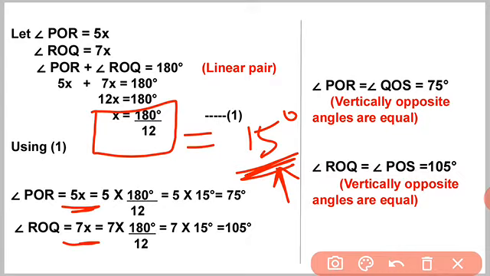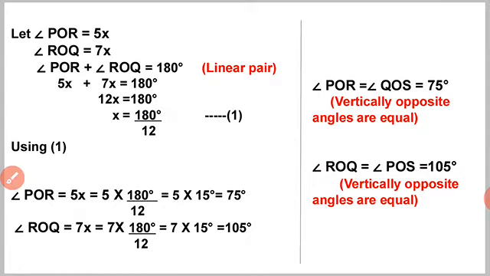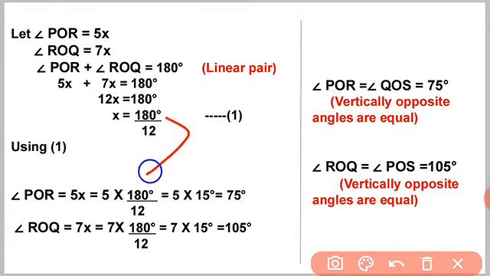So angle POR is equal to 75 degrees, whereas angle ROQ is equal to 105 degrees.